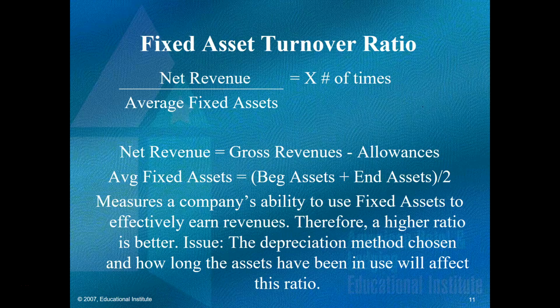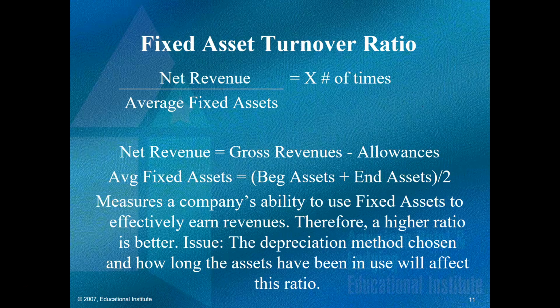So again, it measures a company's ability to use fixed assets to effectively earn revenue. For every dollar that we're putting into fixed assets, how many dollars are we getting in revenue? Therefore, a higher ratio is better. Think this through.